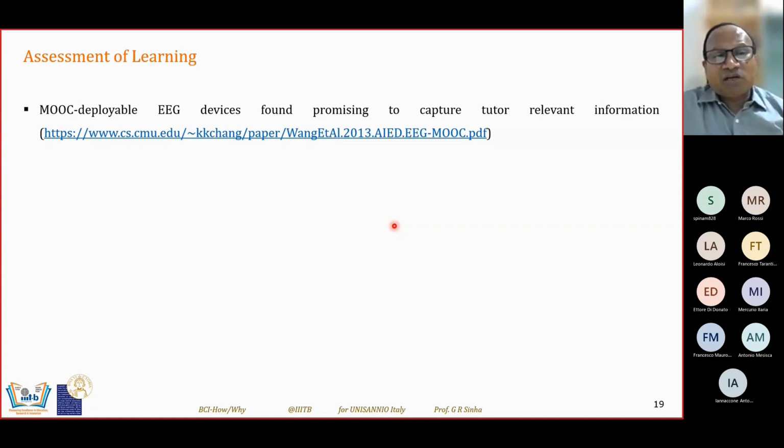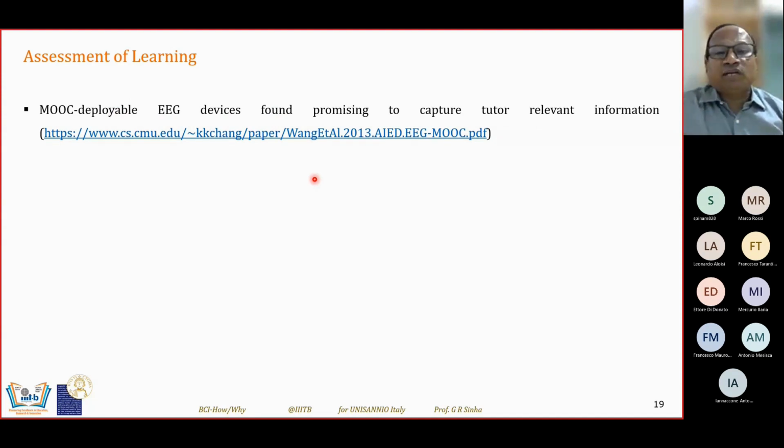So there is one very interesting paper available. I have given the link, I think it's Carnegie only. In there, some person has done research, and though the data set was small, the MOOC deployable EEG devices were found promising to capture tutor relevant information. I can explain what research has been done, especially during COVID-19.